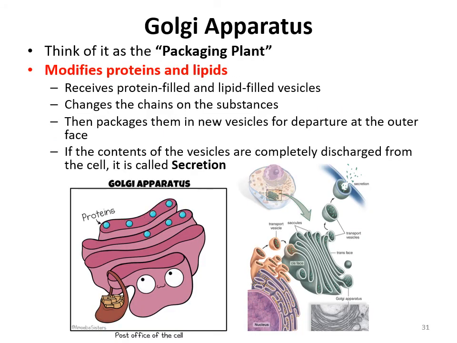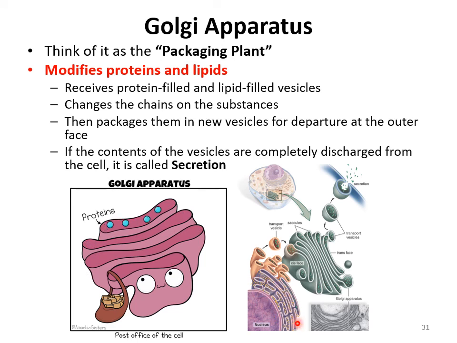Now, the big packaging plant, however, is not the endoplasmic reticulum. The big packaging plant is actually the Golgi apparatus. What's important about the Golgi apparatus is it will take in those vesicles that came from the endoplasmic reticulum. If you look at the figure on this slide, you have the nucleus here.